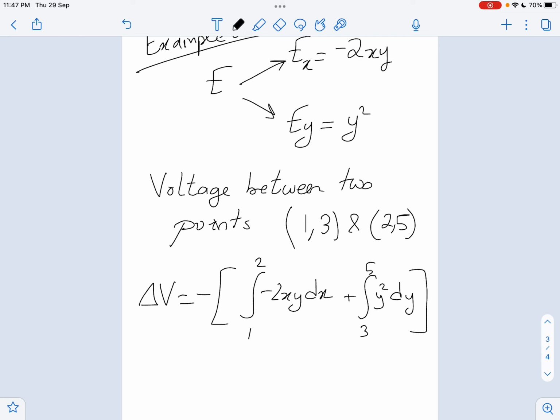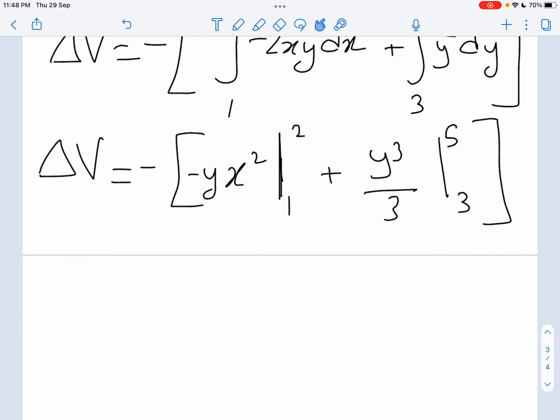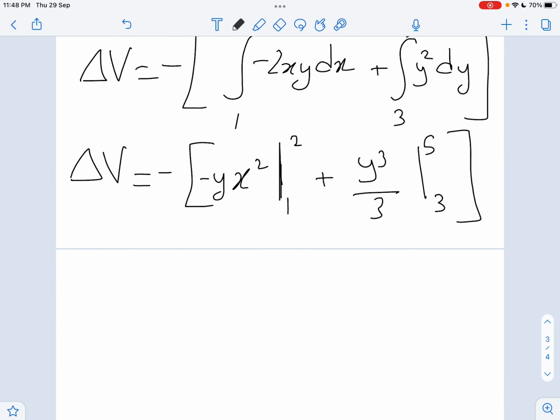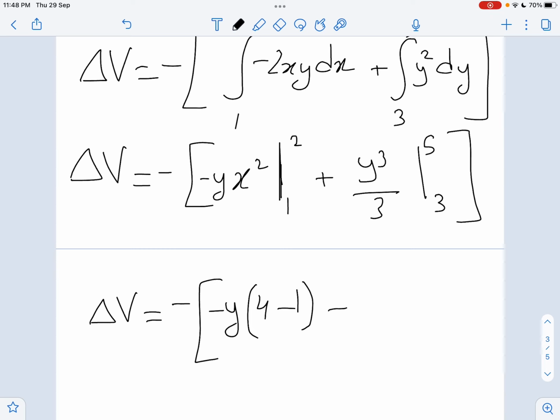And here you will have y squared dy, so it's y cubed over 3, and the y goes from 3 to 5. So delta V becomes, we have the minus outside, y is considered to be constant here. Now we put for x its value. 2 squared becomes 4, minus 1 power 2 is 1. And here you have 5 cubed over 3 minus 3 cubed over 3.